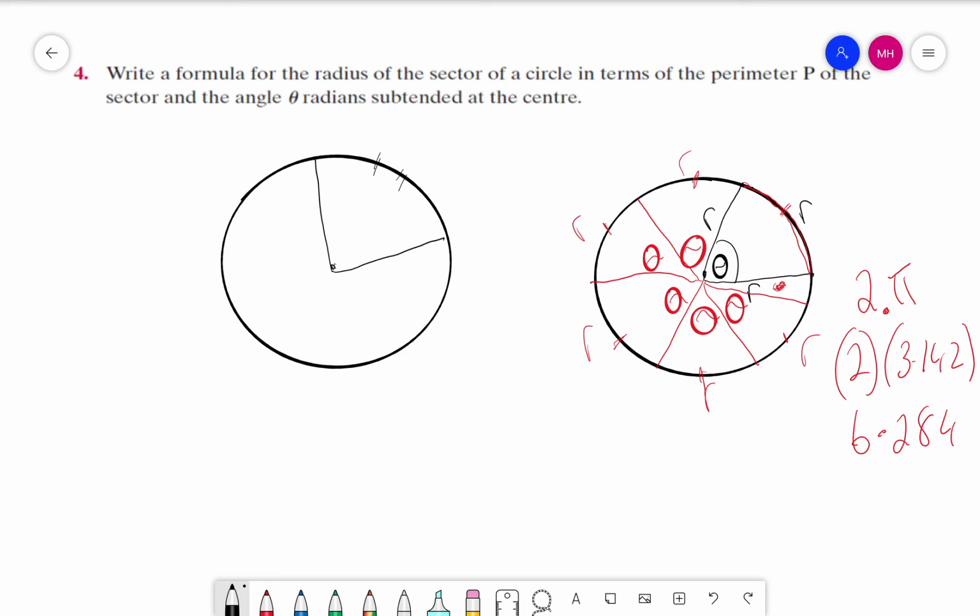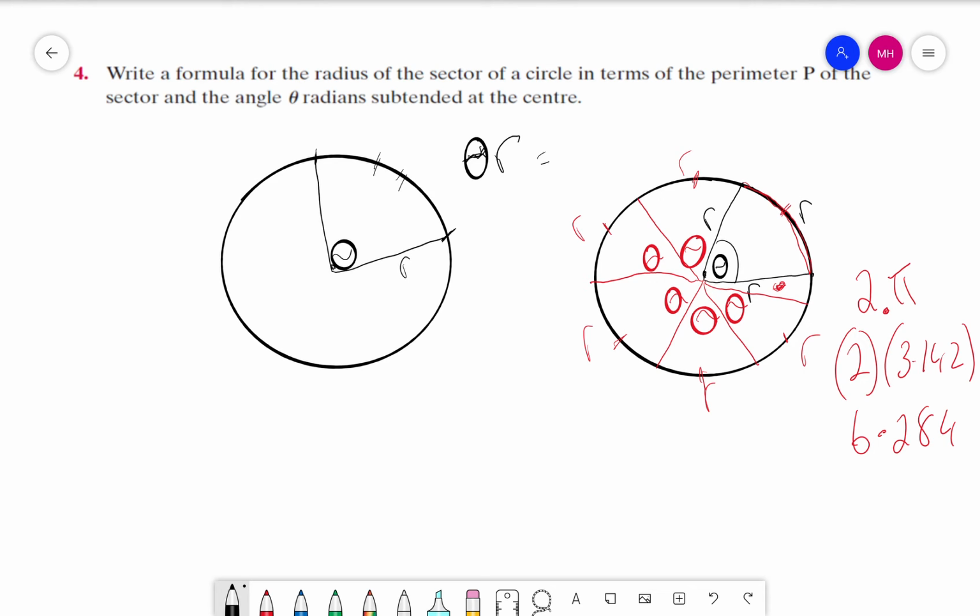It's more than 1 radius, but whatever size the angle is in radians, if we multiply that by the radius, we would get this distance here. So this could be, for example, 1.5 radians, and 1.5 by the radius would give us this distance here.